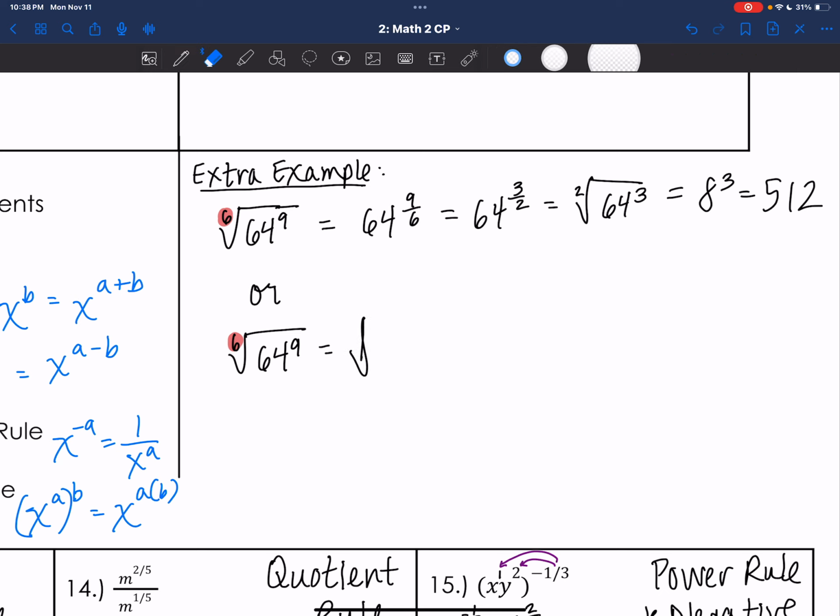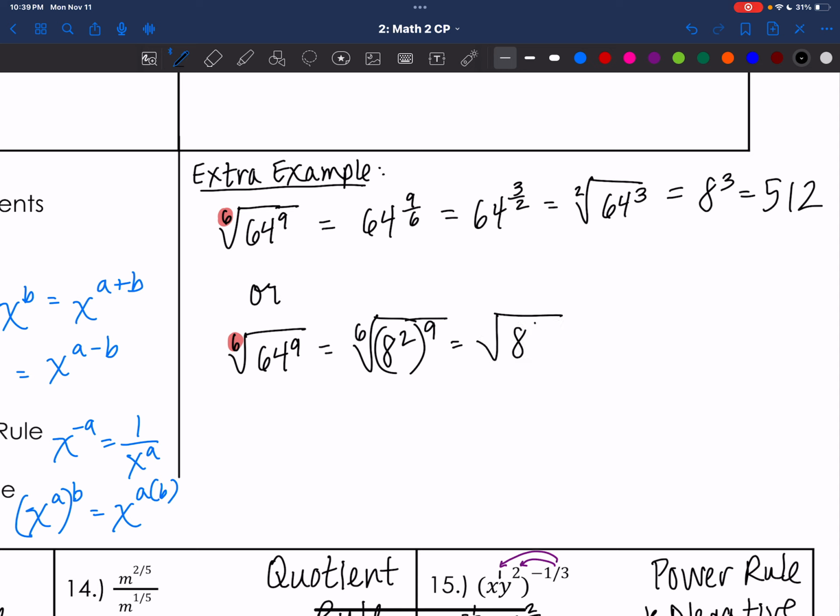Now, what I want you to do is on this way, I want you to think about it as 8 squared times 9, because 8 squared is 64 to the 9th power. So this is a little bit different way. So now I'm going to get 8 to the 18th power, and then there I can go 18 over 6, which is 8 to the 3rd.